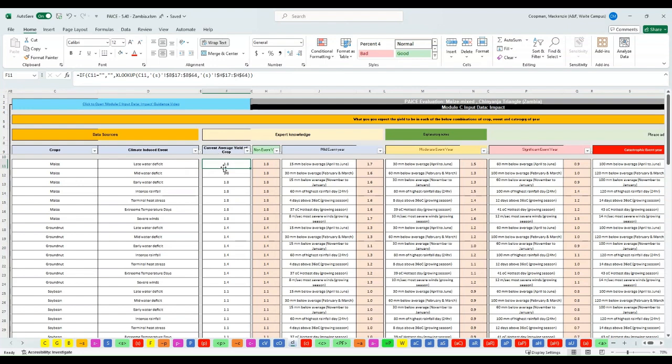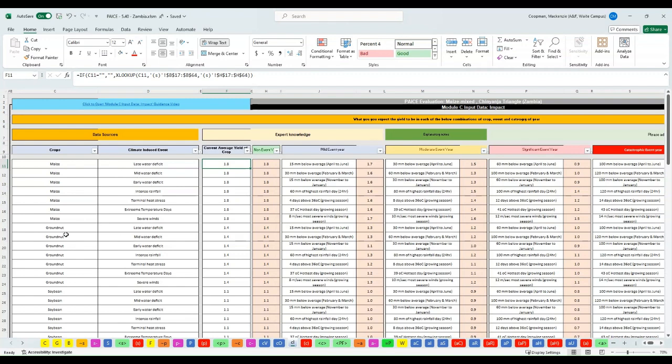Maybe on average, you do have a little bit of late season water deficit, which means that in a non-event year, you have a completely normal year, but you take away the late season water deficit. Would that go up a little bit? And you can do that moving all the way down.